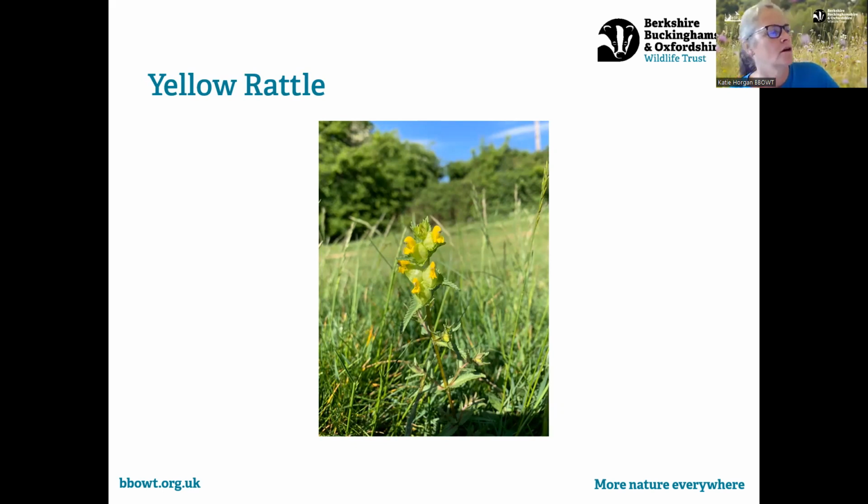Most of you will have heard some mention of this plant on the screen now, yellow rattle. It's semi-parasitic on grasses, so it is used a lot in conservation management to try to reduce grass vigor. Most groups that I've worked with, we've sown yellow rattle at some point in the project, and it does help to start to bring those grasses down, but it needs a little bit of time.